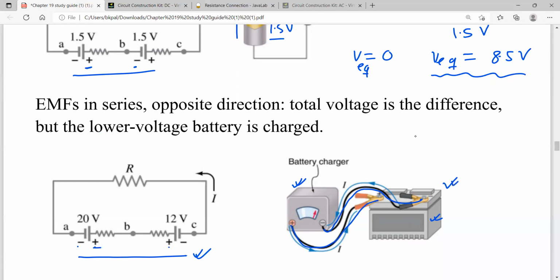So when you connect them in the opposite direction, this is useful when you want to charge a battery.